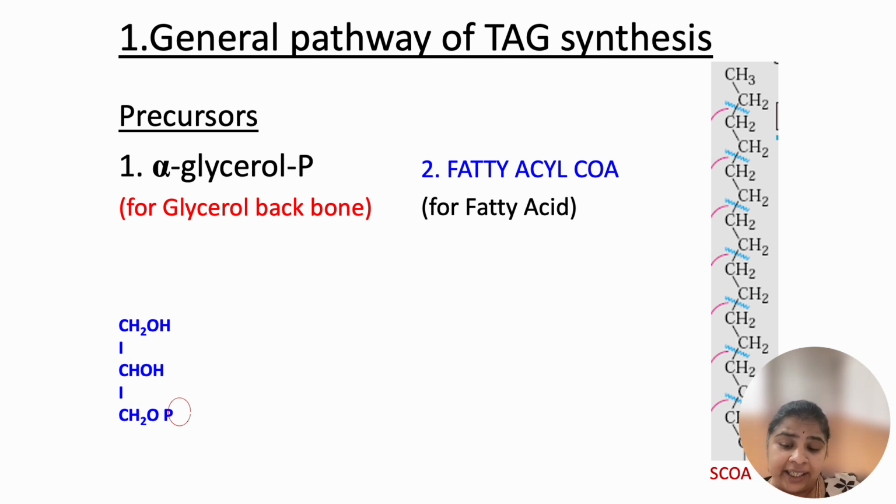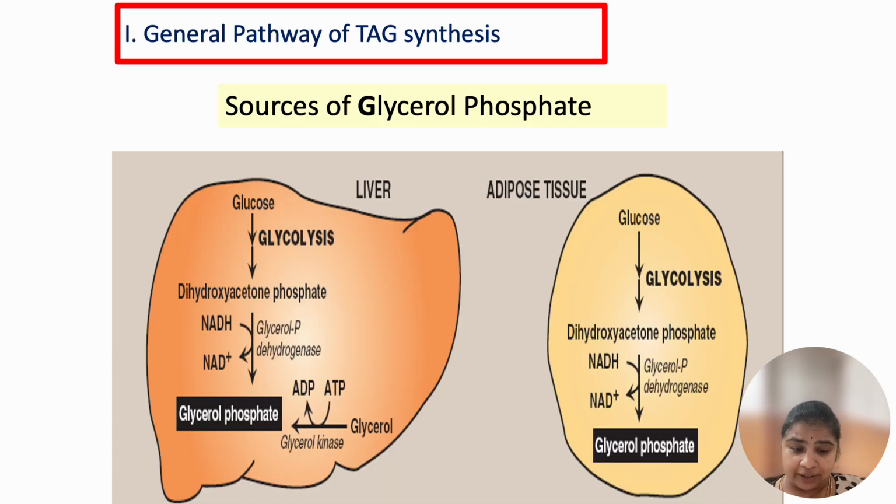This glycerol kinase enzyme is present only in the liver. So, in the liver, from glycerol directly glycerol phosphate and then triglycerides can be synthesized. Other tissues do not have glycerol kinase to phosphorylate.